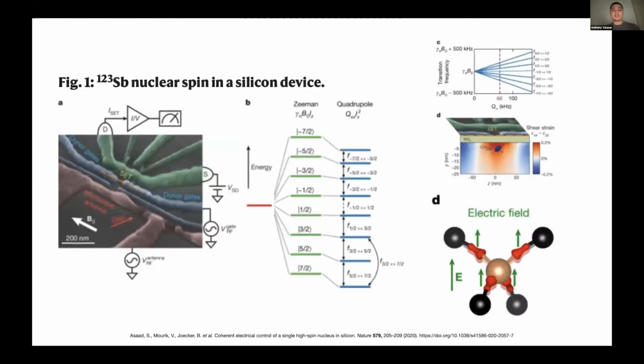So then you can see in this picture to the left, where it says SET, donor gates, and the gap, is actually from the paper that this whole talk is based on, from the University of New South Wales. As you can see, their microwave antenna was actually damaged.